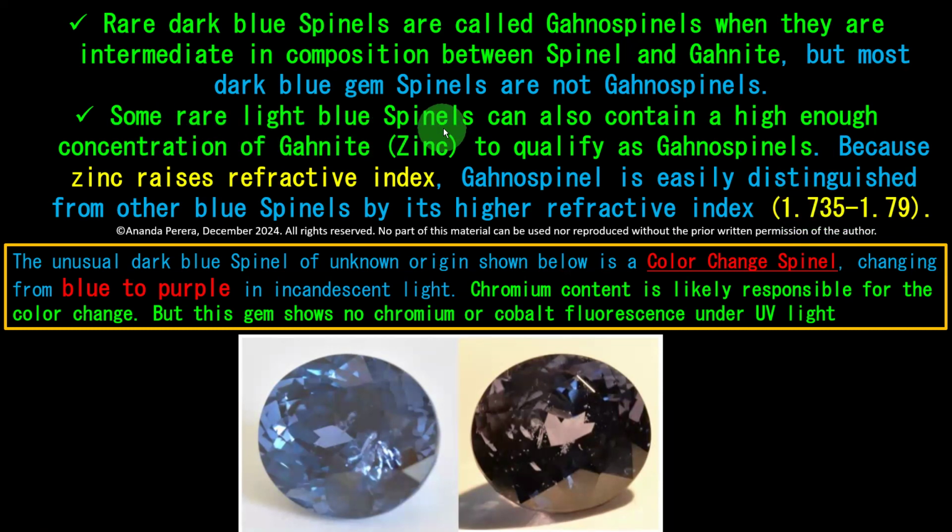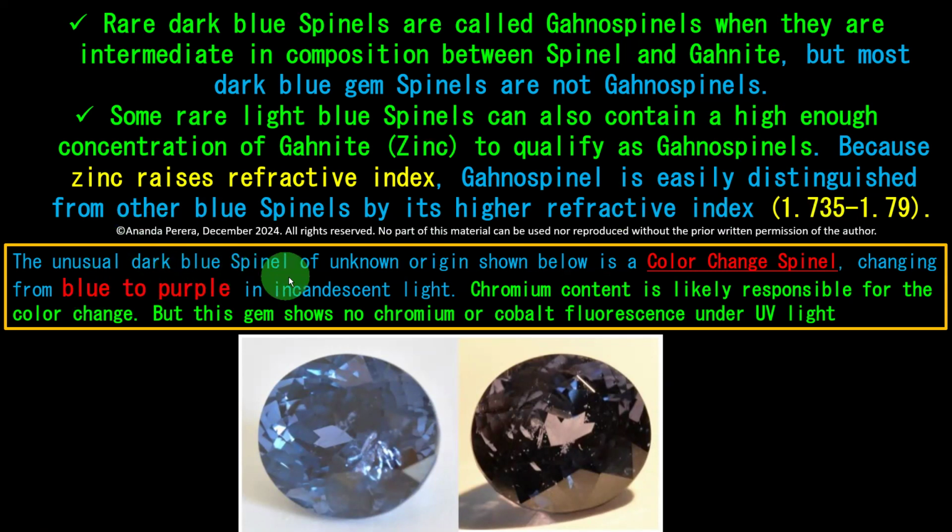Some light blue spinels can also contain a high enough concentration of gahnite, that means zinc, to qualify as Ghano spinels, because zinc raises refractive index. Ghano spinel is easily distinguished from other blue spinels by its higher refractive index. This is the range you have to remember. If the RI is not in this range, that is not a Ghano spinel. It is mistakenly done by gemologists.